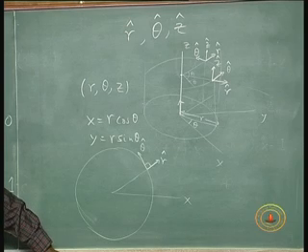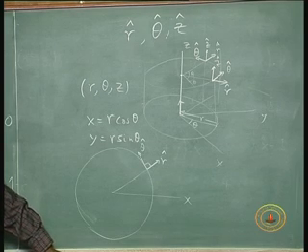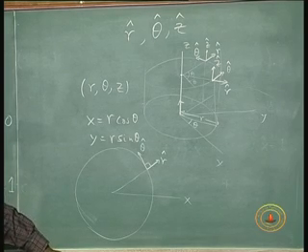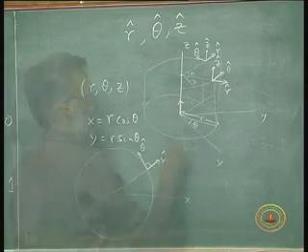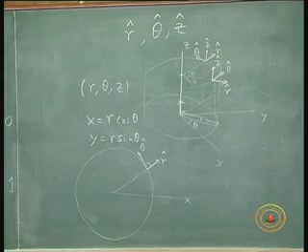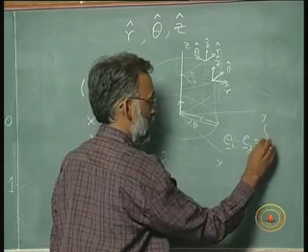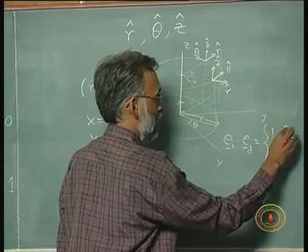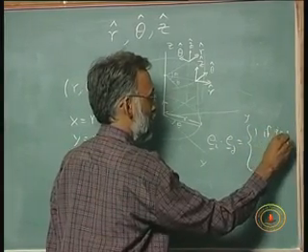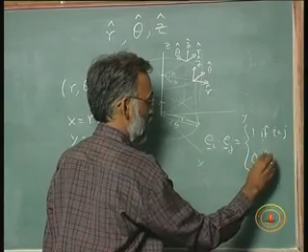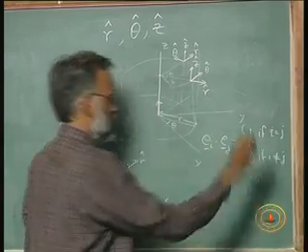But even so, this is an orthonormal coordinate system, which means that if you take these three, you will still get e_i dot e_j is equal to 1 if i equals j, 0 if i not equal to j.